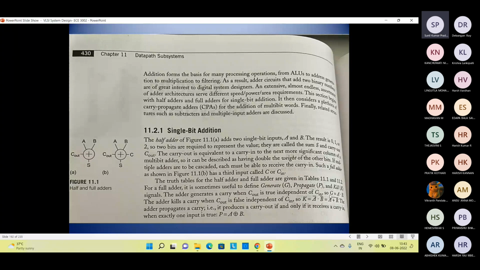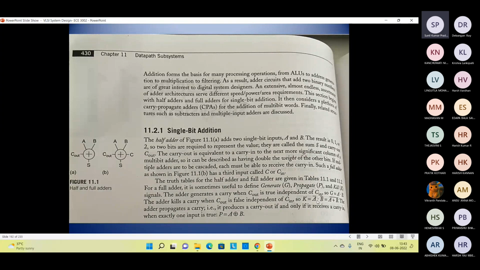So G is equal to A dot B, that is the multiplication A dot B, that is the AND operation. Now the adder kills a carry when C out, that is the carry out, is false independent of this third input C in. So this K that we call kill is basically the AND operation of A complement and B complement.